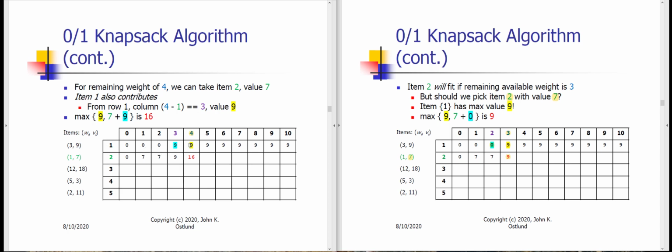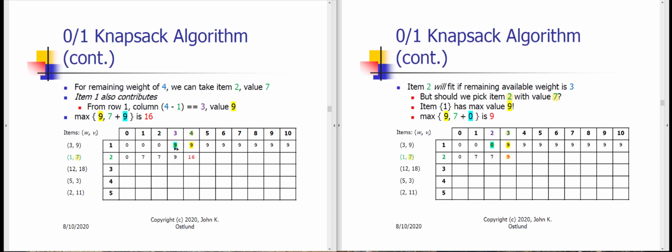Our choices, in terms of maximizing the value, is either we can just stay with the value of 9 that we get by just using item 1, or we can compute the value of using item 2, which is 7, plus the value of using item 1, which is 9.